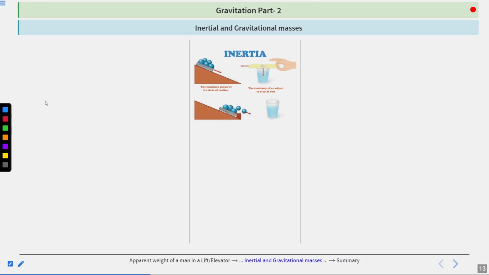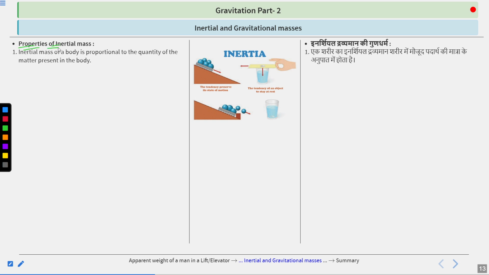Now let's move forward. So now, what are the properties of inertial mass? First, the inertial mass of a body is proportional to the quantity of matter present in the body. Basically, inertial mass is the measurement of inertia, and that is proportional to the quantity of matter present in the body. If the matter present in the body is in less quantity, automatically the mass of the body will be less.